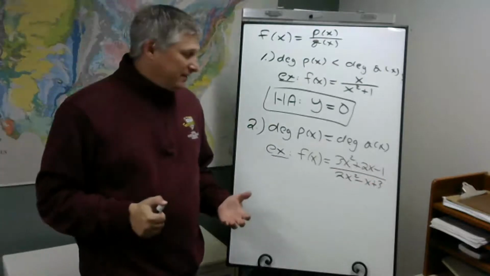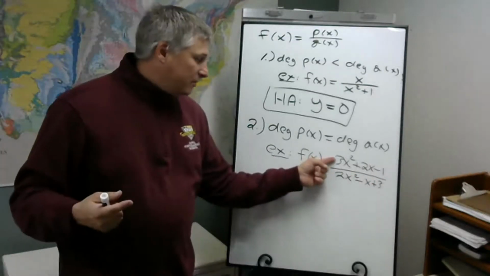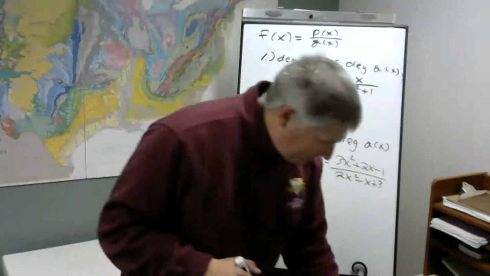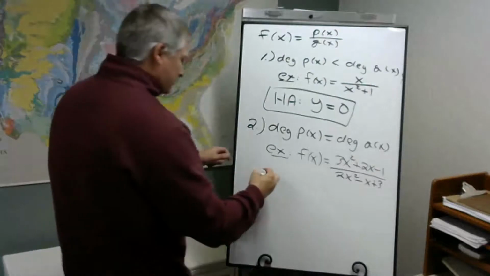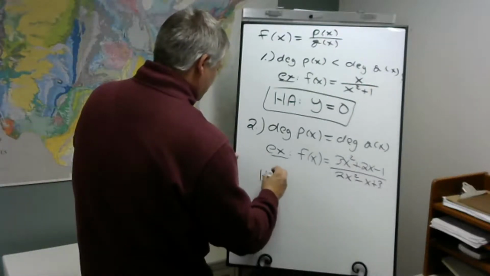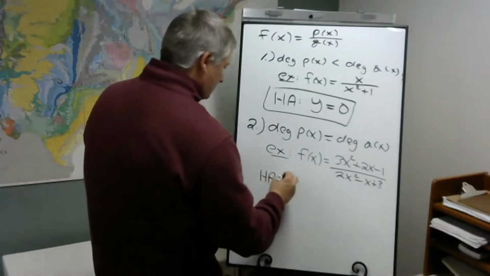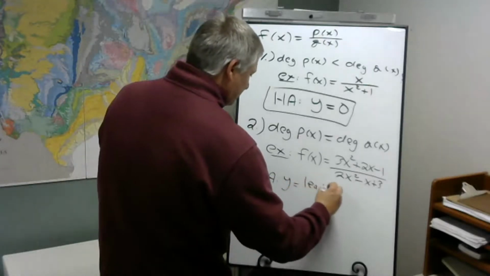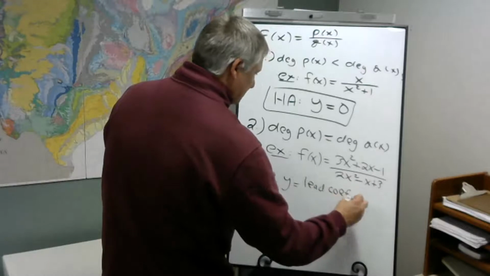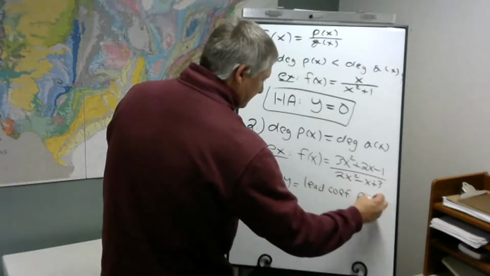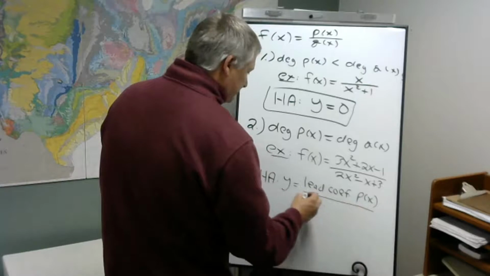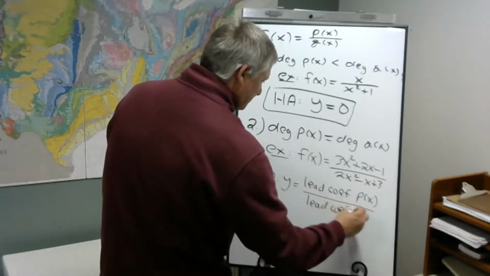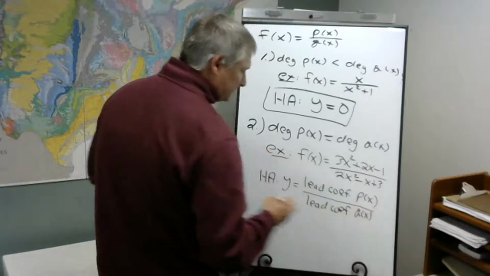When we have something like this, where you say, for example, we have a degree 2 polynomial over a degree 2 polynomial, in this case, the horizontal asymptote will be y equals the lead coefficient of p of x over the lead coefficient of q of x.